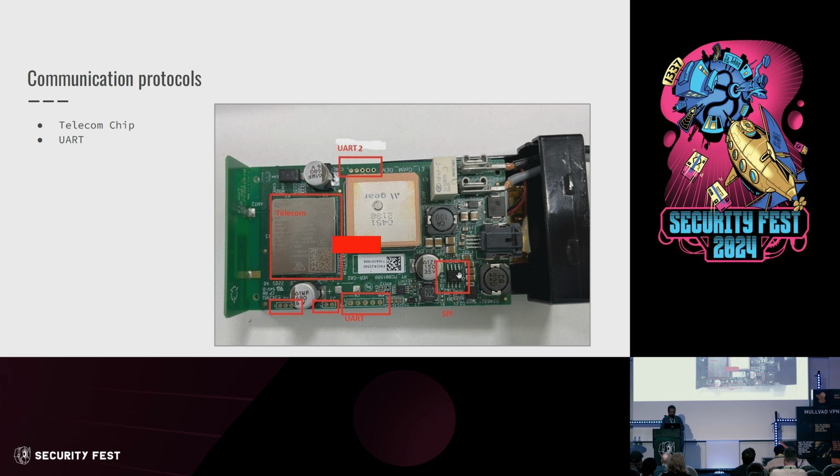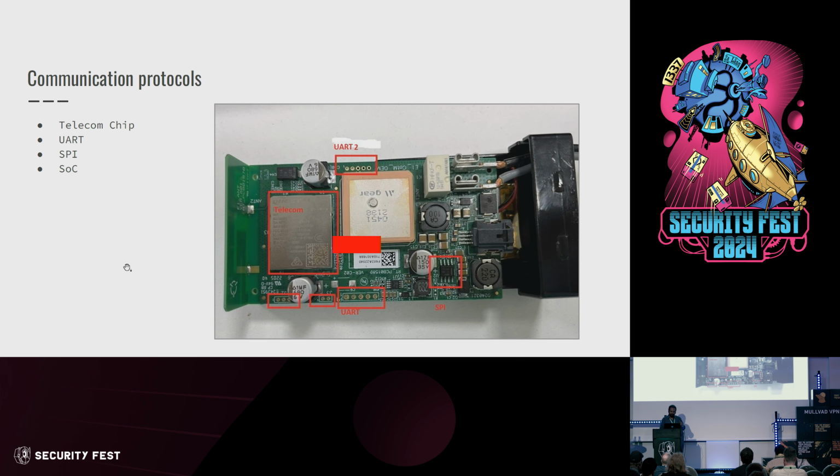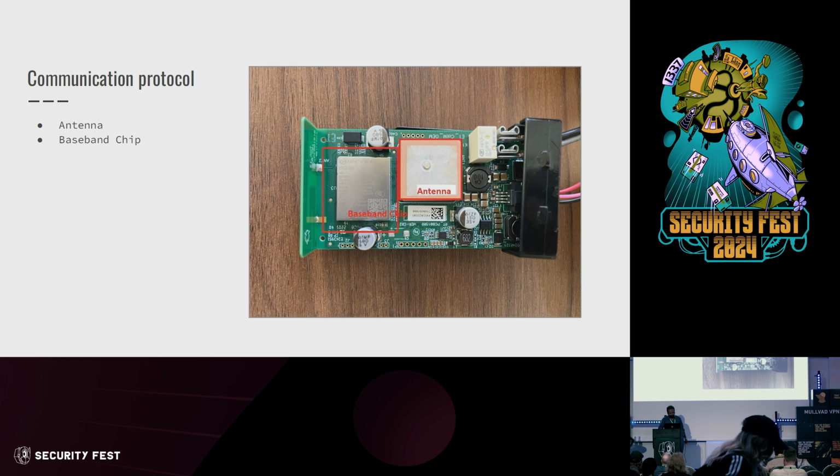But you can see that there's also an SPI chip, and the SoC, the system on chip, is actually behind it. So these are the communication protocols, and this is the actual baseband chip which was being used to exploit it. I cannot disclose the vendor name, because I'm on record. And here's the antenna for that.